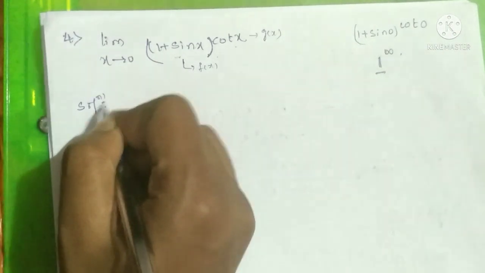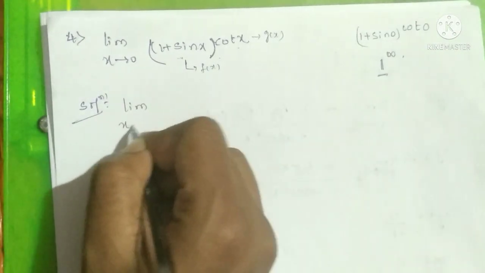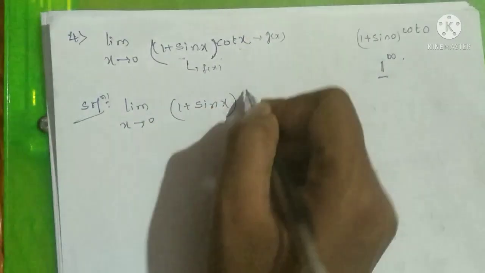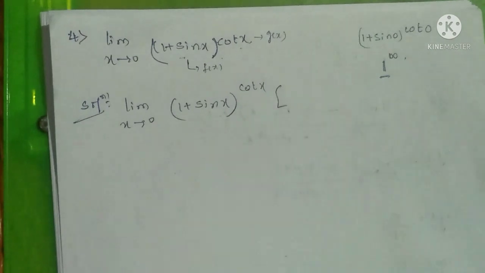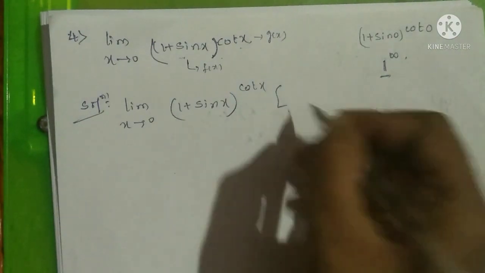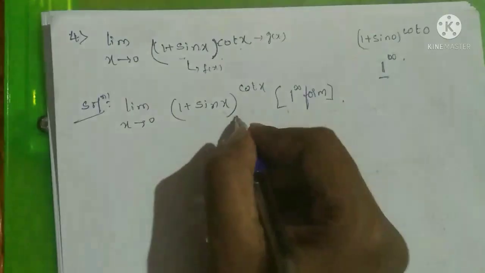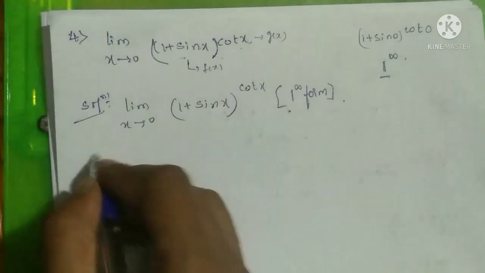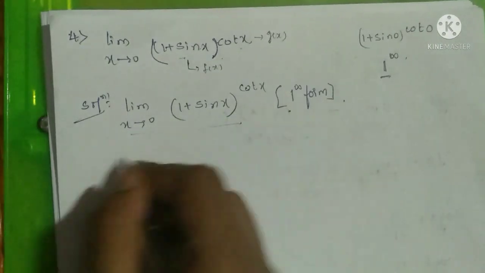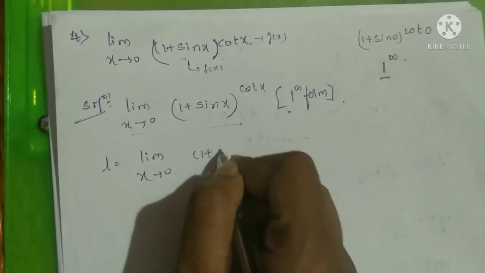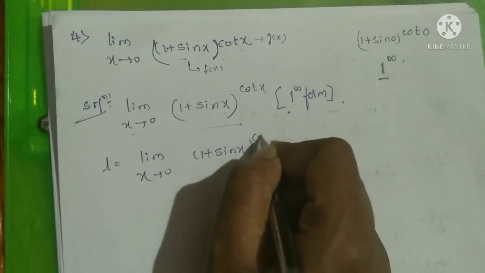Solution: let's write the given problem. Limit x tends to 0, 1 plus sin x whole to the power of cot x. The given function is in the form of 1 to the power of infinity. Next, after confirming the indeterminate form, you have to equate the given term to L. So L equals limit x tends to 0, 1 plus sin x whole to the power of cot x.